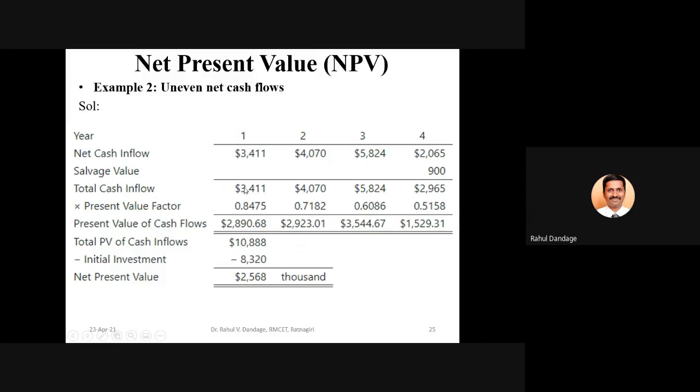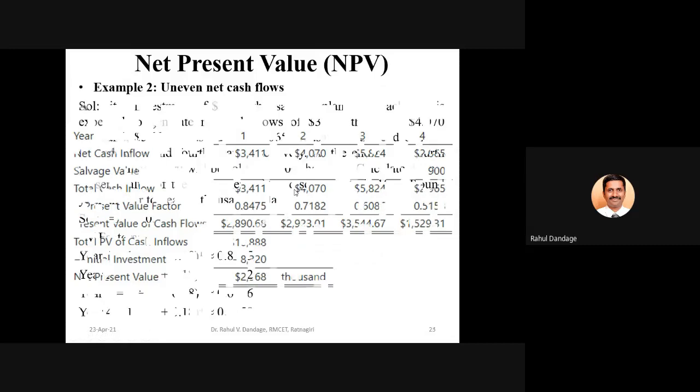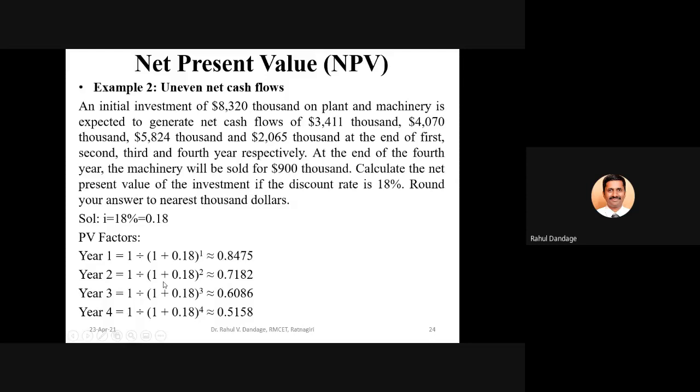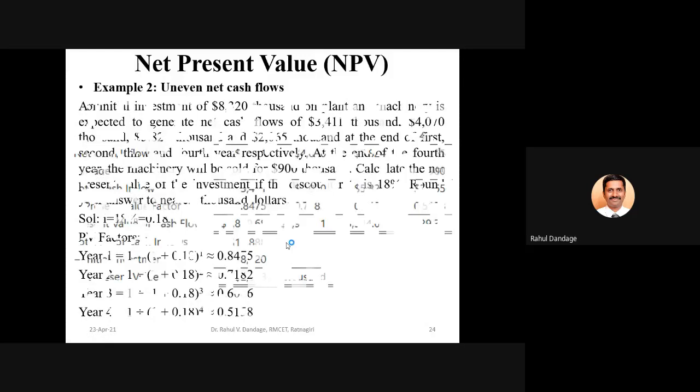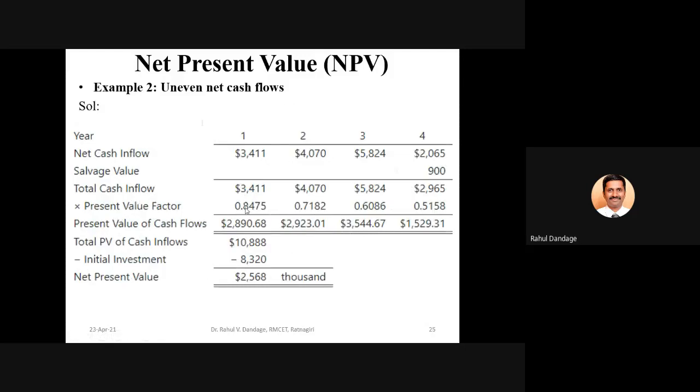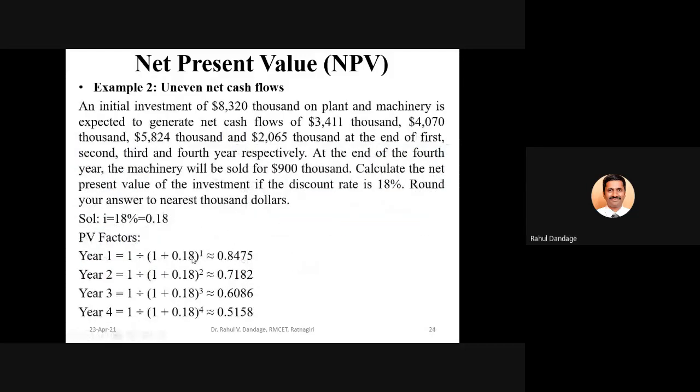Now these are the total cash inflows at the end of year 1, year 2, year 3, year 4. Already we have calculated the present value factors. If you remember the formula, it is cash flow divided by (1 plus rate of interest) raised to the period number. So we will go for multiplication, because we have already calculated 1 divided by (1 plus r) raised to n.